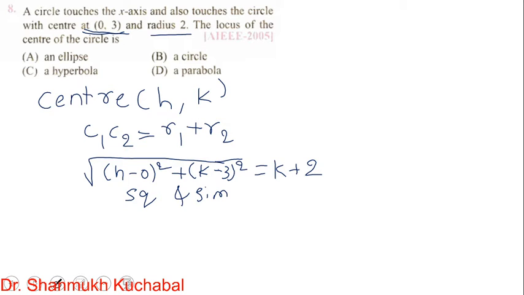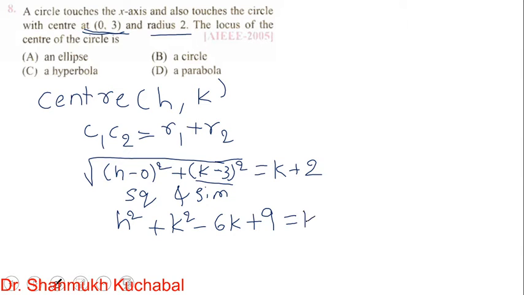So we get (h minus 0) square is h square, and here we have to apply the (a minus b) whole square formula. So we get a square minus 2ab, that is 6k, plus b square as 9, equal to squaring here (k plus 2) whole square.